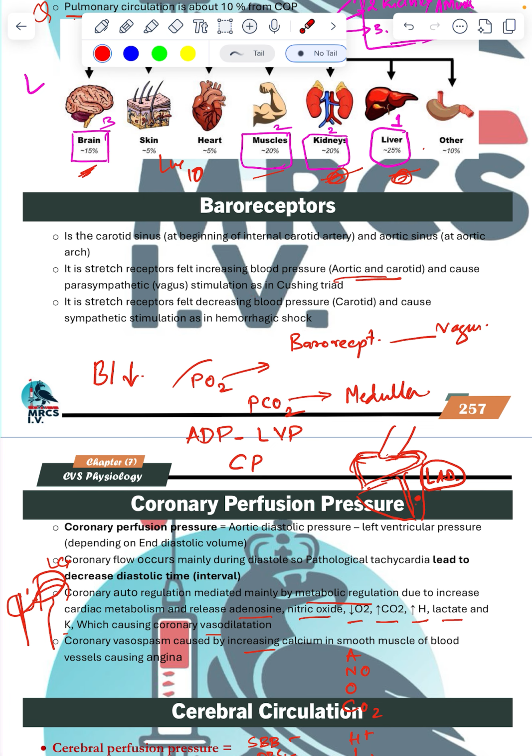The receptors also sense decreasing blood pressure in the carotid and cause sympathetic stimulation, as in hemorrhagic shock.